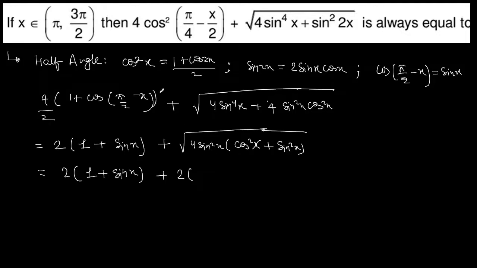Now sin x between pi to 3 pi by 2: if you see the graph of sin x, from pi to 3 pi by 2 it is negative. So it will come out to be minus sin x. And with 2 sin x, the answer is 2. Okay, this is going to fall in half angle.